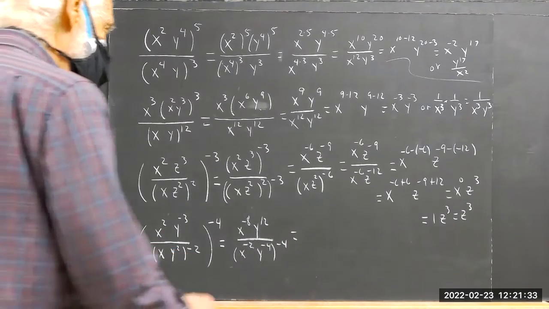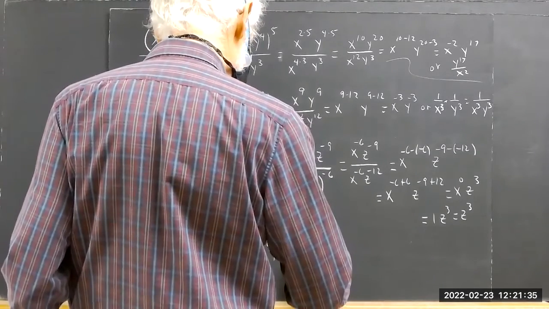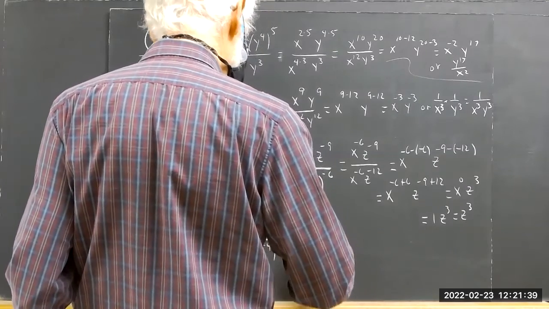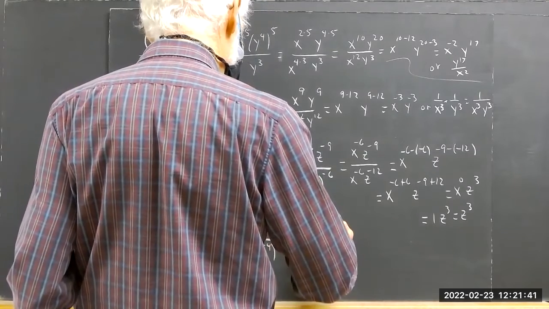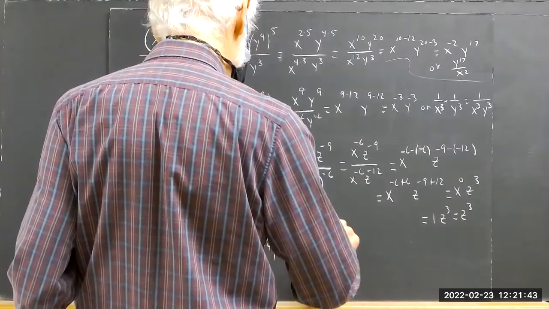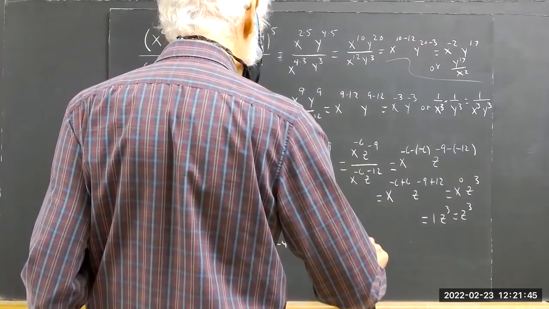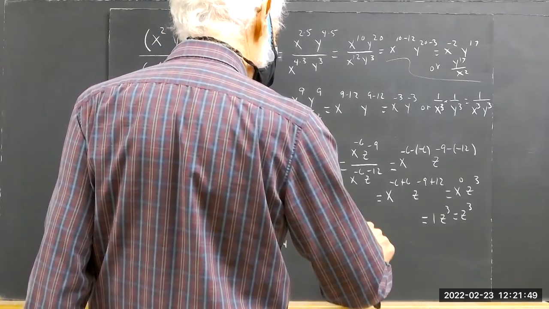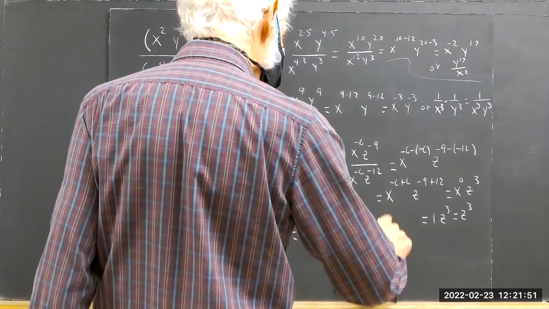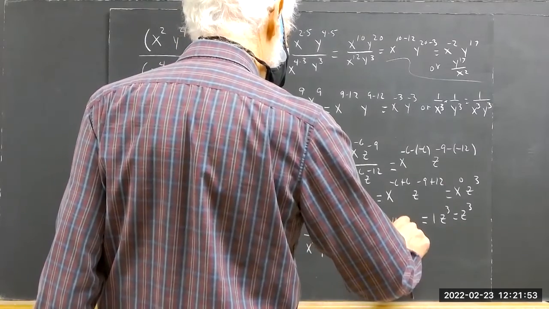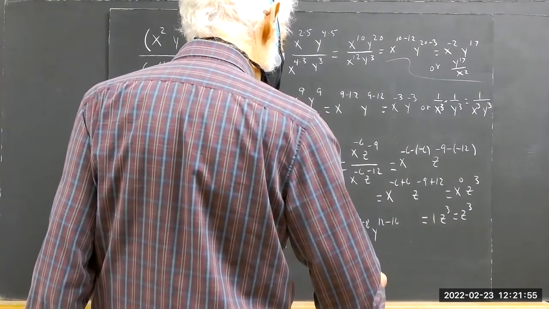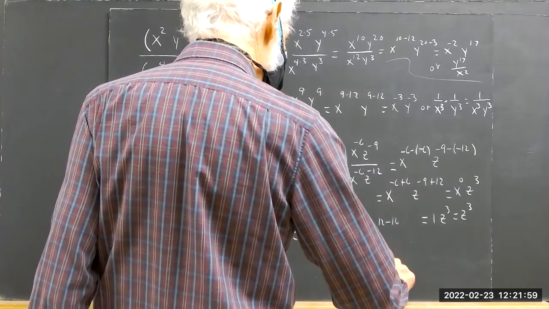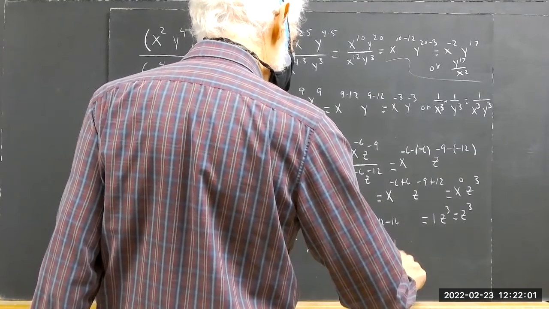It's still going to come out x to the 8th, y to the 16th. So we got x to the negative 8, y to the 12 equals x to the negative 8 minus 8, y to the 12 minus 16, which is x to the negative 16, y to the negative 4, which is 1 over x to the 16.